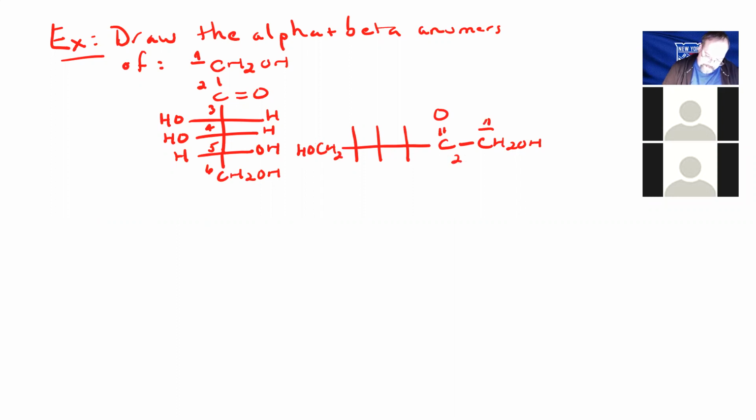If you have an OH on a chiral carbon in a Fischer projection pointing to the left, in the Haworth structure that OH group should be pointing up. And if you have an OH going to the right on a chiral carbon in a Fischer projection, in a Haworth structure that OH should be going down.